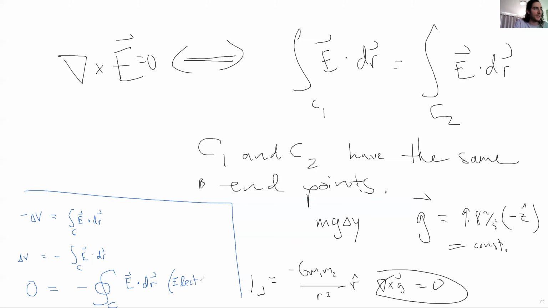This applies for electrostatics only. Okay, so we have this path integral expression for potential differences. If I close my path, my answer is 0. So what does that mean?